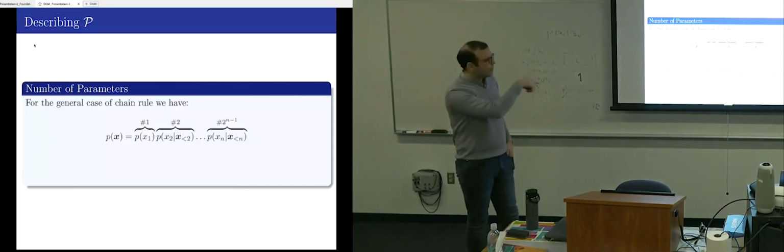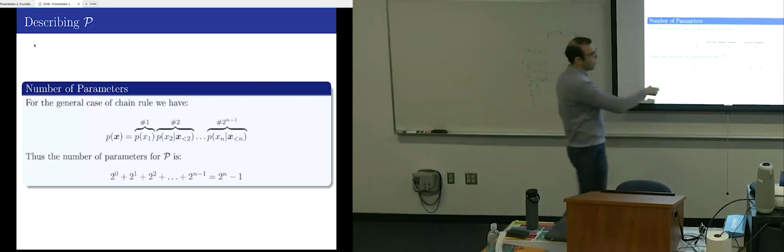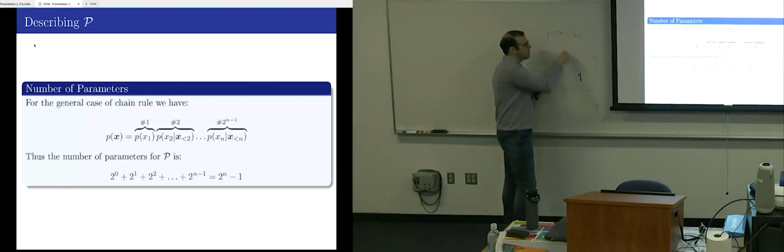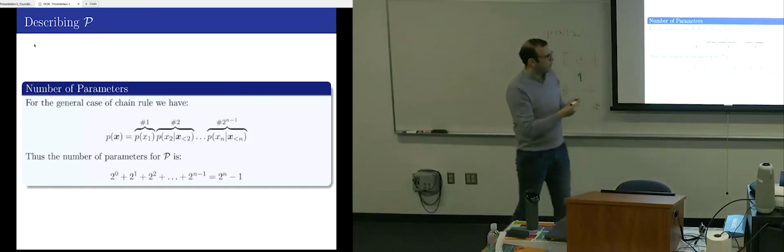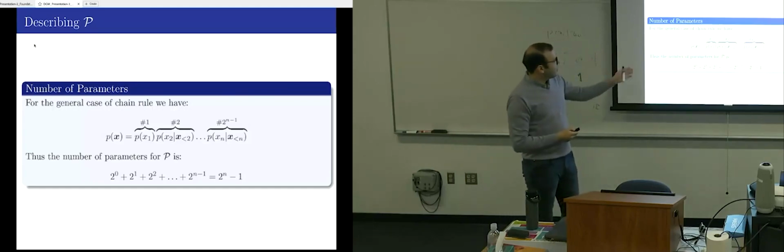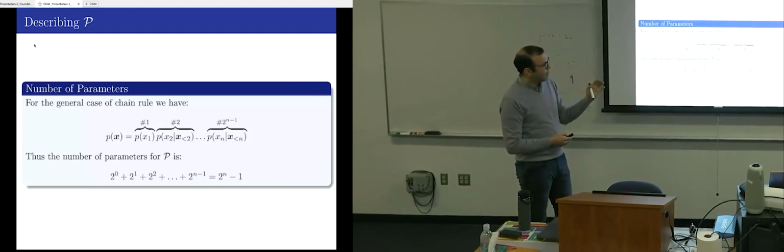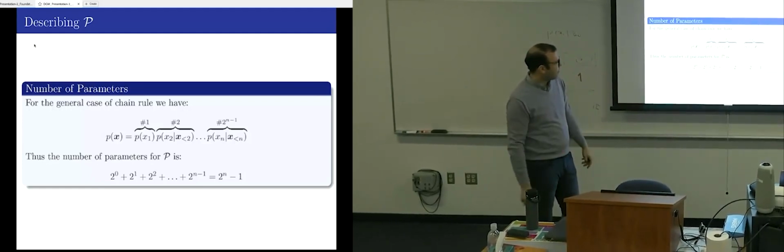This is just a review of these numbers. In the general case, as we saw before, for the calligraphic P, we know that the calligraphic P means this family, complete, and the calligraphic P subscript theta means our selected family. In the general case, I have 2 to the power of n minus 1 because you have no restriction. You have 2 to the power of n different states, so you have 2 to the power of n minus 1 because the summation should be 1.